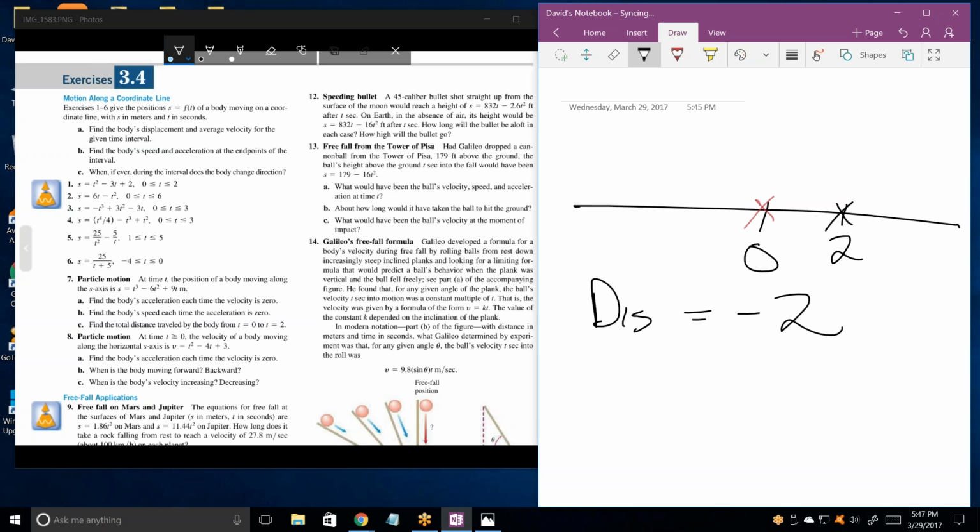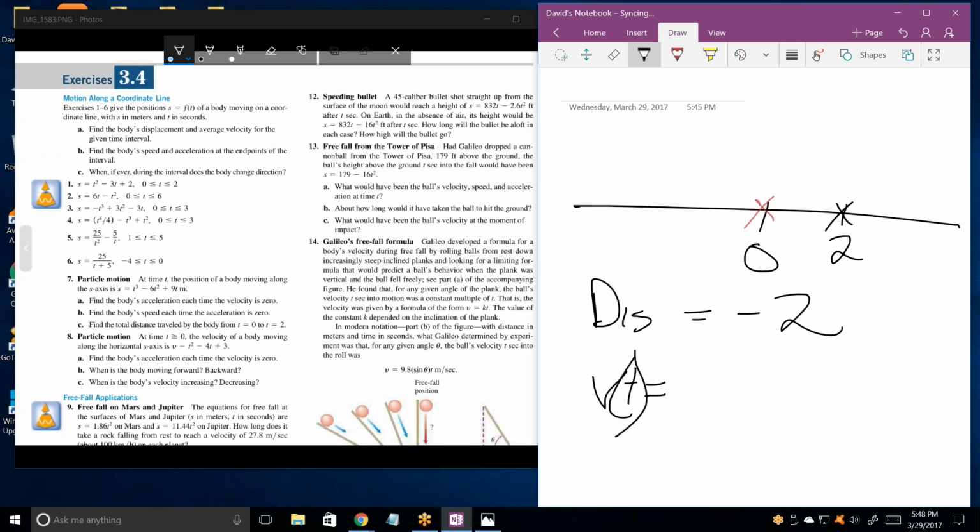All right. Average velocity for the given time interval. Well, velocity is the first derivative of position. So tell me what the velocity function is as a function of t. How would I find velocity? It's the first derivative of position.